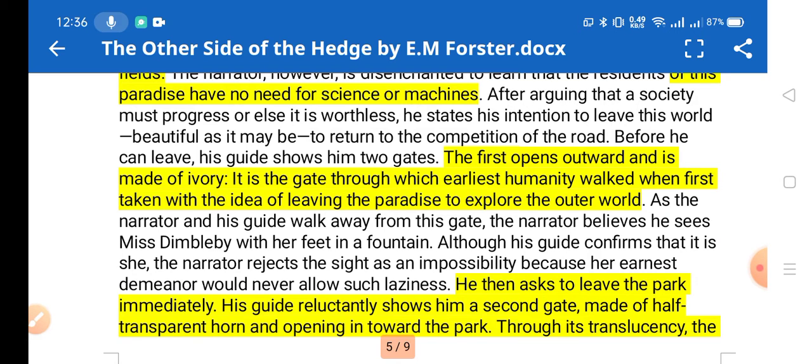So there were two gates there. The first gate opens outward, and it is made of ivory, and it is the gate through which earliest humanity walked when first taken with the idea of leaving paradise to explore the outer world.